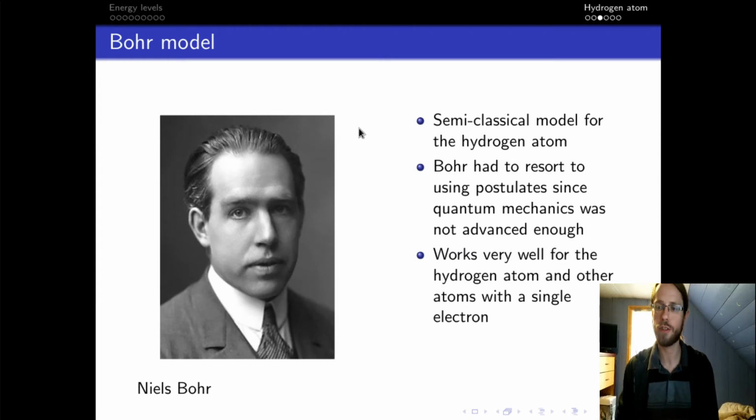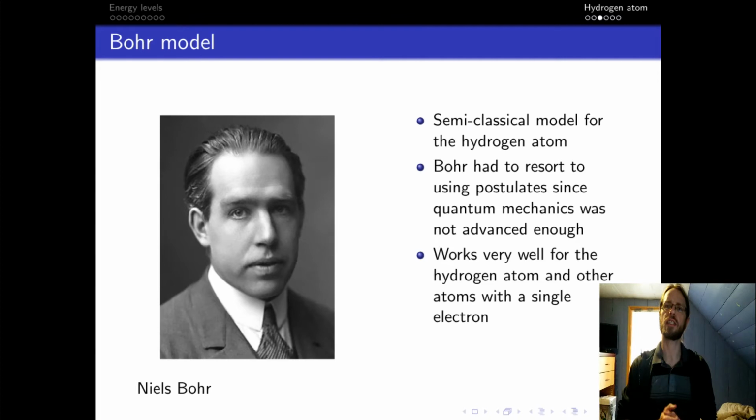The model that was first used to describe it was developed by Niels Bohr, a Danish scientist. And he built what we'll call a semi-classical model to explain it. What I mean by semi-classical is when he developed it, the wave-like properties of matter were not yet discovered.